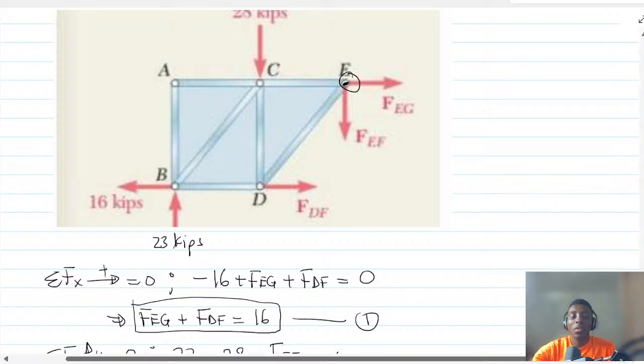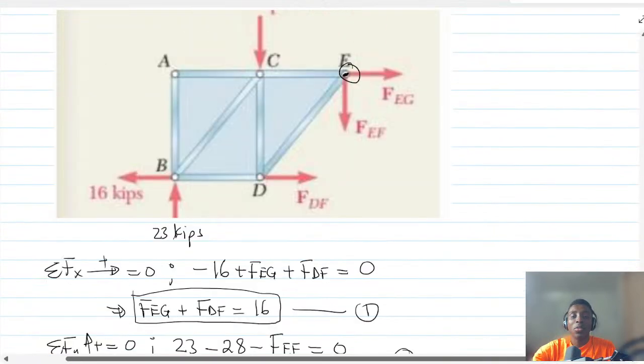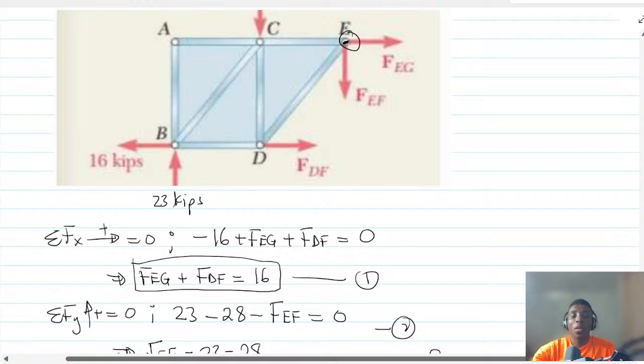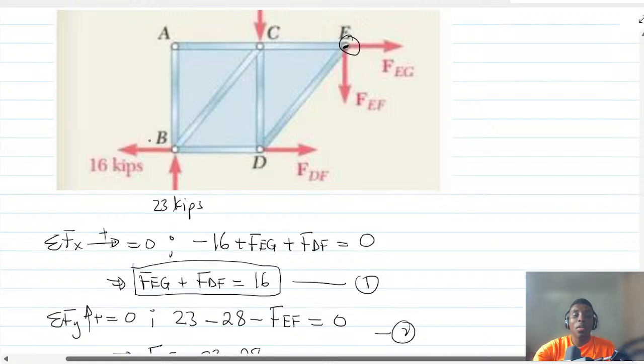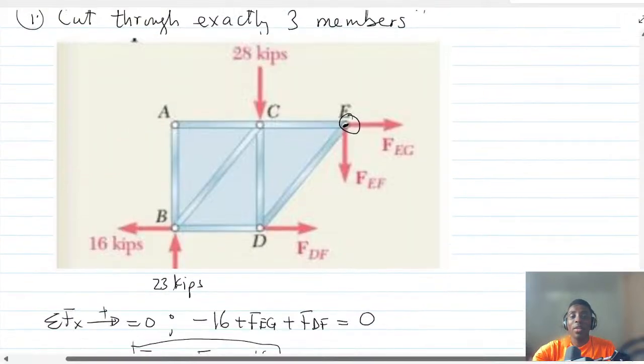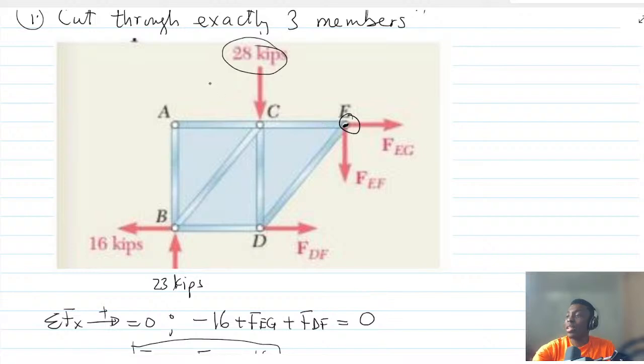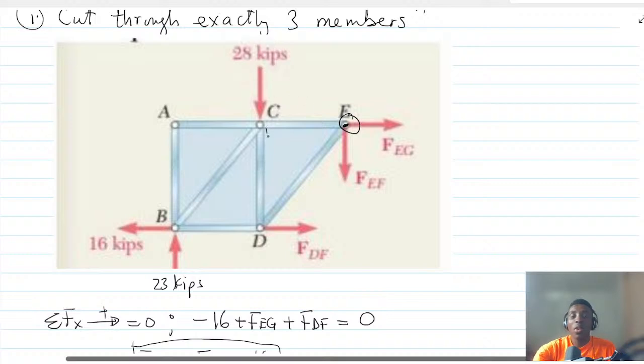Okay. So we can start with any of them. Starting with the 28 kilonewton here, the 28 kilonewton will have a moment which will go counterclockwise about point E. But then all the distance is 8.